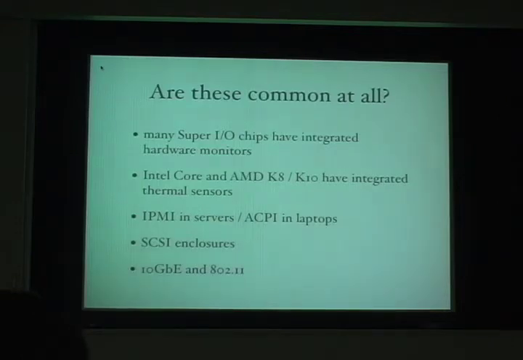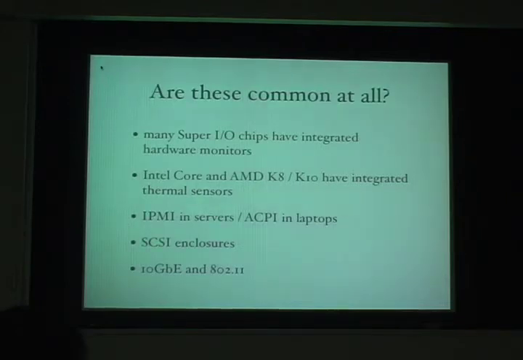So are other sensors common at all in the modern computers that we have? Many super I/O chips that desktops have, for example, feature integrated hardware monitor logic. Those chips allow you to monitor the temperature, the voltage from the power supply line, and the fan speed.